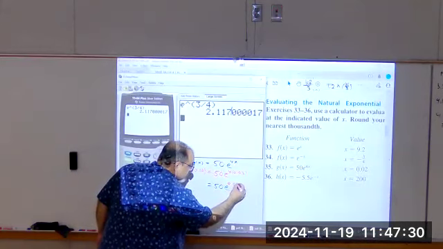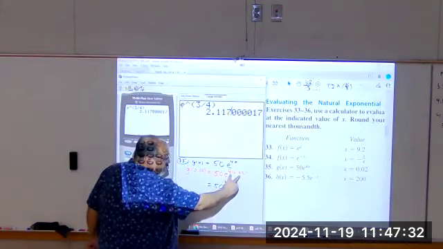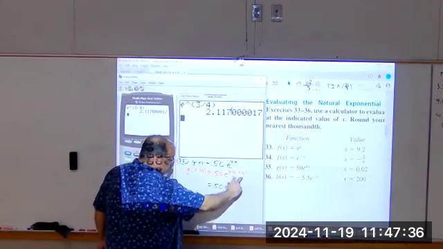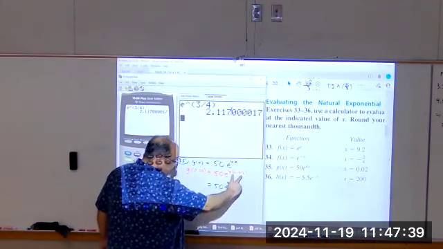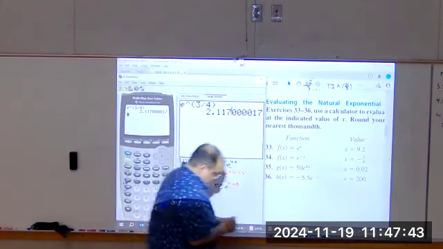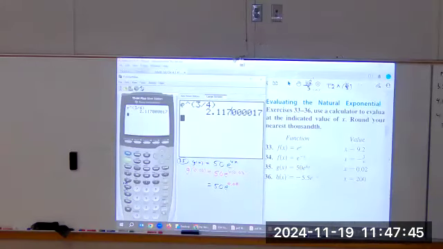Instead of having to enter a multiplication problem, which is fine, I can simplify that and just type in 50 times e to the 0.08.